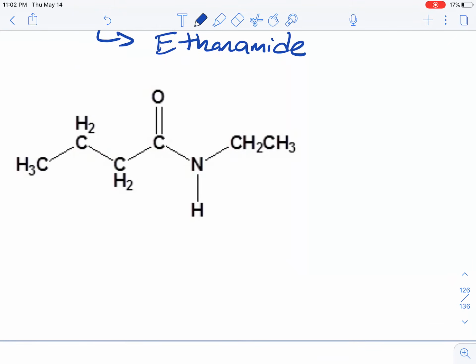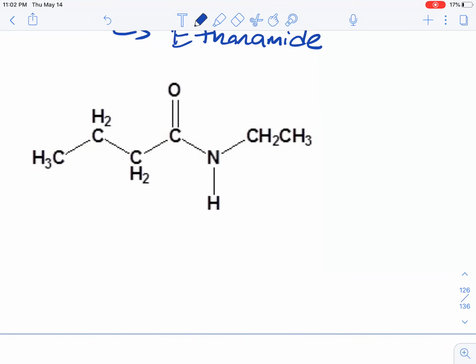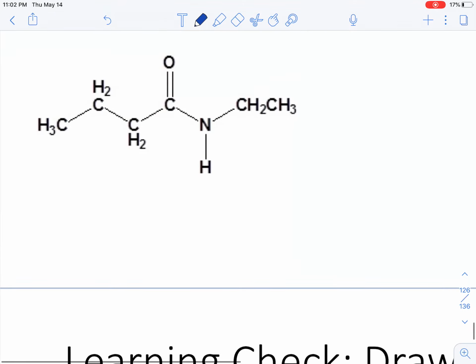So let's go ahead and take a look at this last compound. You know what, instead of naming this, I'm going to redraw it to add some substituents to kind of give it more flavor. Instead of 4, let's do this. Let's make it more exciting.